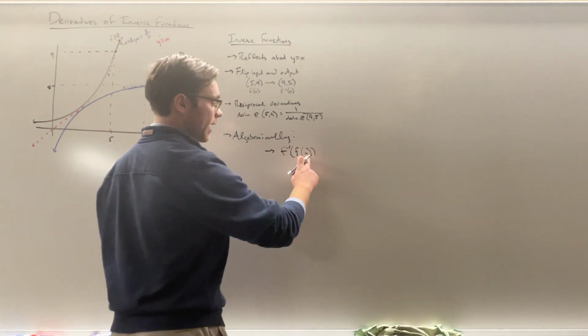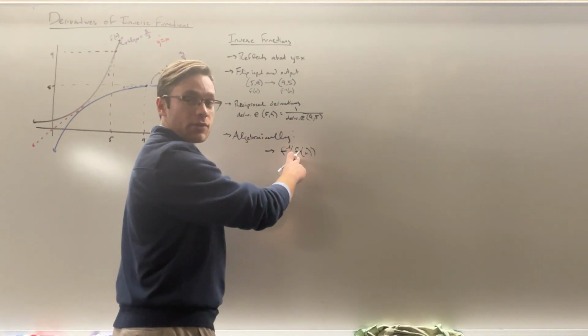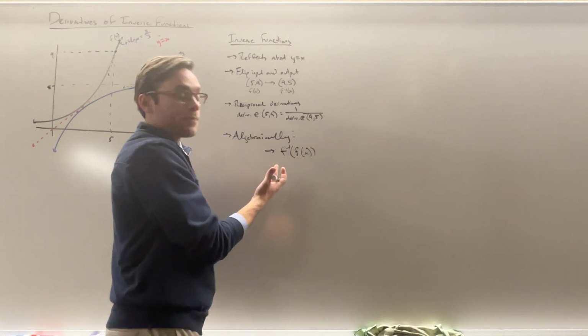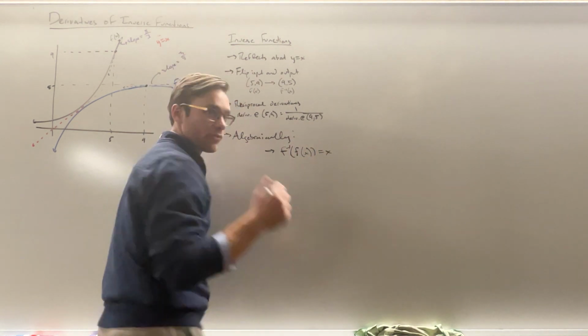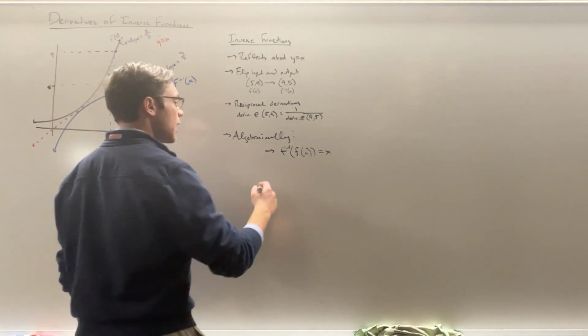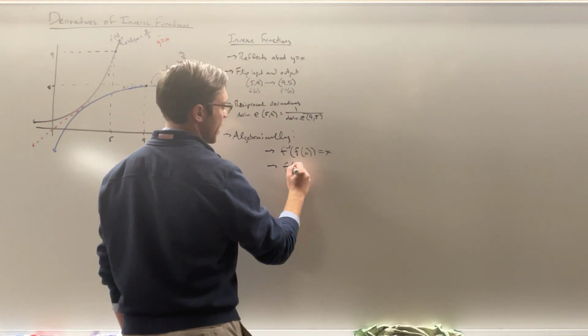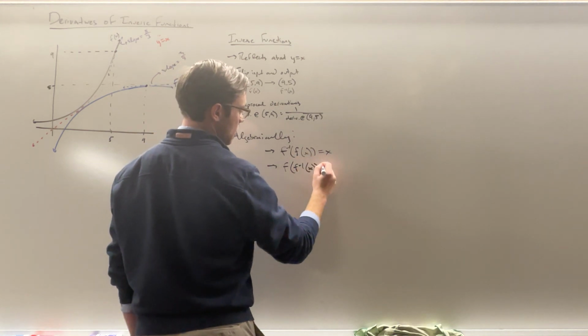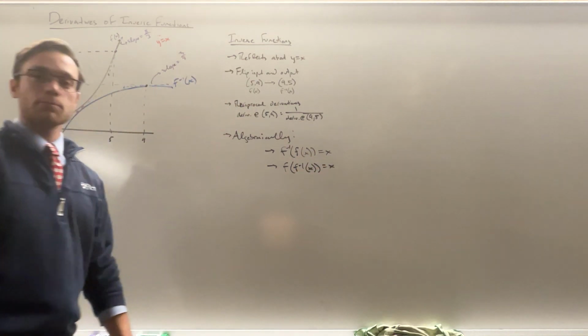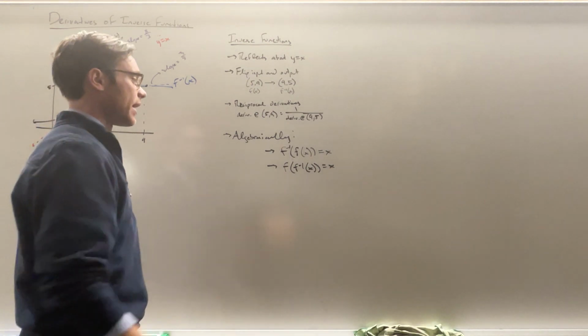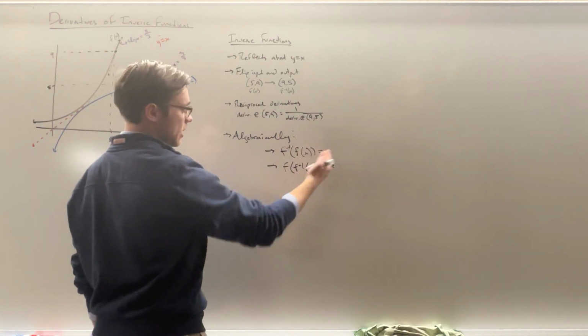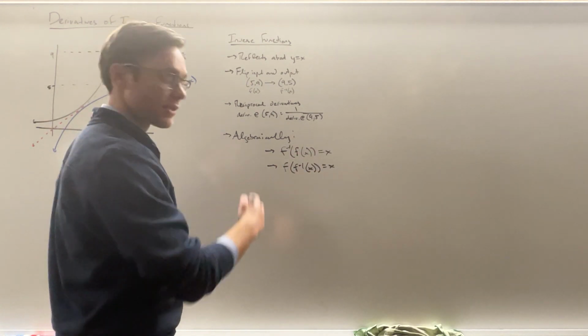So you take some x, you apply a function, and then you invert everything, you undo it, and you just arrive right back at x. Hopefully that verbal explanation makes sense. This also gives us the corollary to that, which would be f of f inverse of x also equals x. So these two just go hand in hand. The inverse of the function is itself. The function of the inverse is just itself as well.